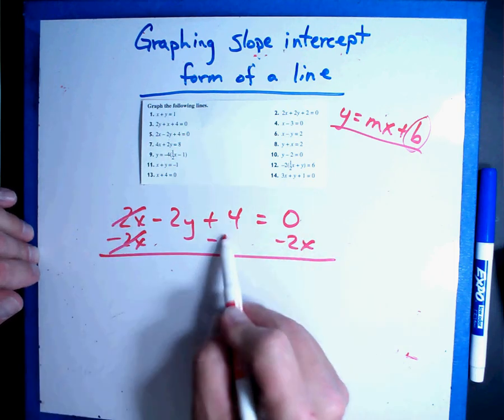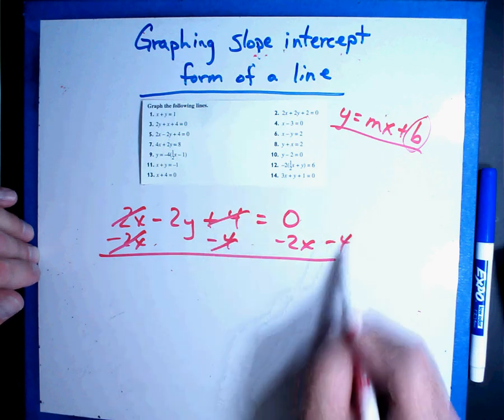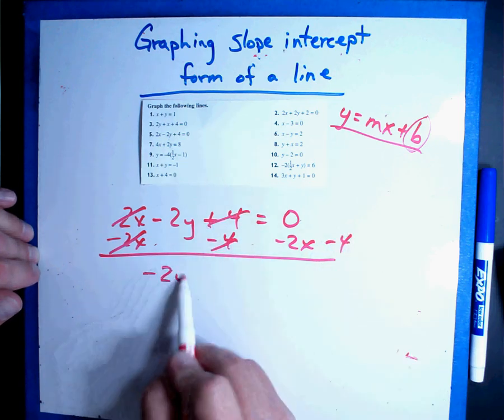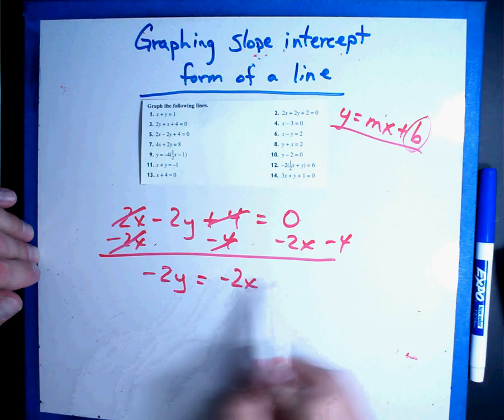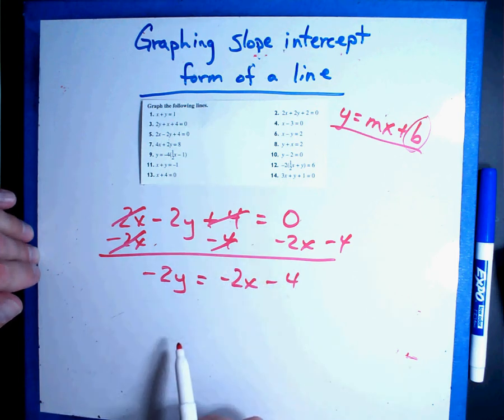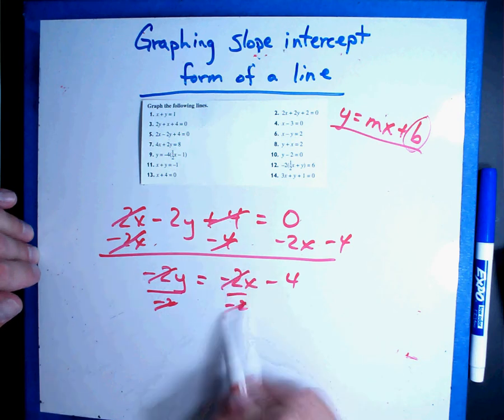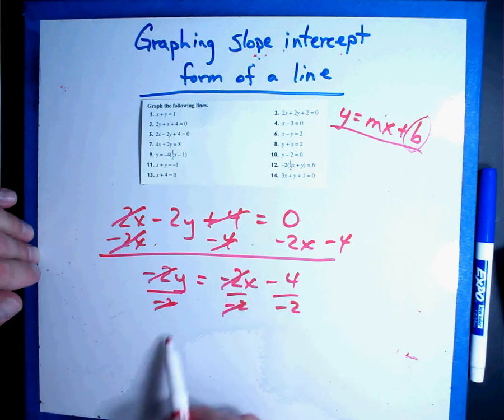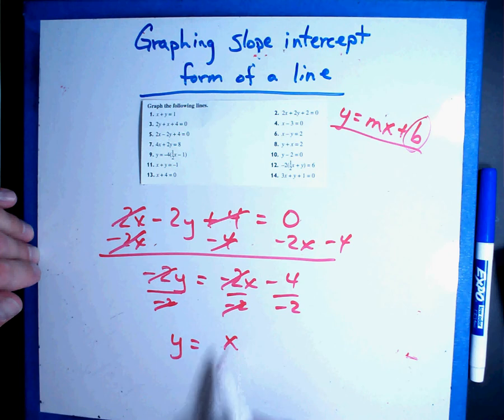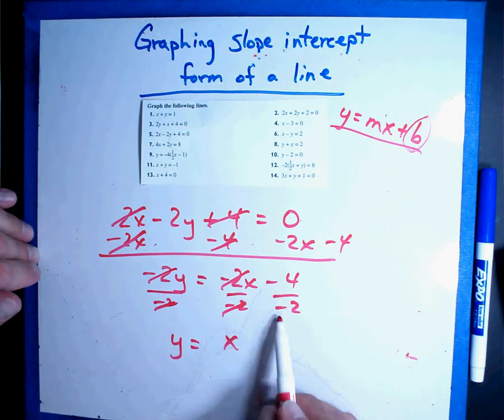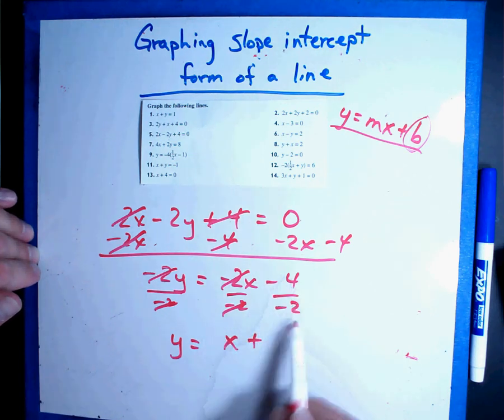And then we have to move the 4 to the other side as well. So it's negative 2y equals negative 2x minus 4. Divide by negative 2. Negative 2, that's gone. Negative 2, so y equals x plus 2. Negative divided by negative is a positive, and 4 divided by 2 is 2.